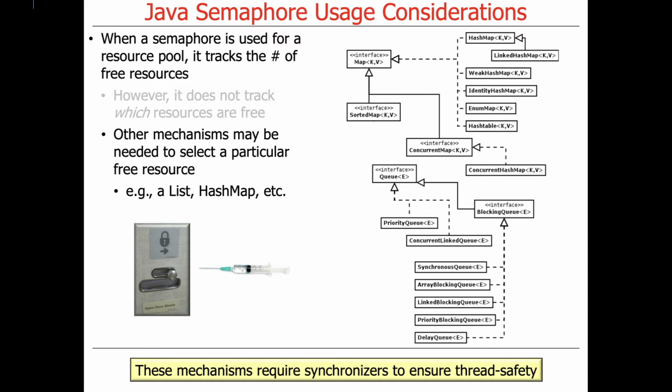And as I said, these mechanisms, like these collections and so on, require synchronizers to ensure thread safety. Sometimes they come for free. Some things like concurrent hash map are already done that way. Sometimes concurrent linked queue already has that, but other times you have to do it yourself.